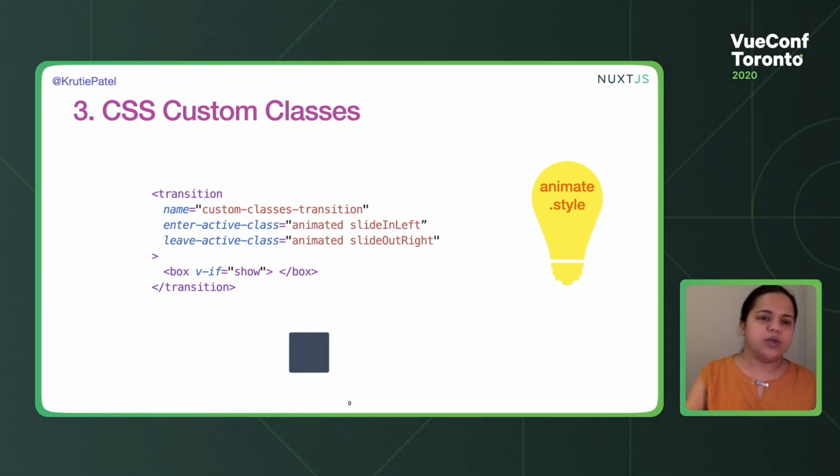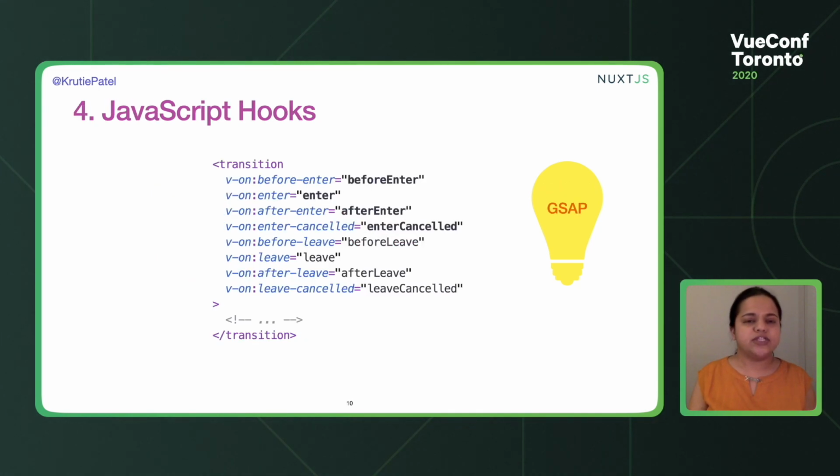Our fourth and the final option is to define JavaScript hooks in attributes. This is where we move away from the CSS transition and we let JavaScript take care of our animation, and this is a really good option when we want to use external JavaScript animation libraries, for example GreenSock, and this is where we can realize the full potential of Vue's transition system.